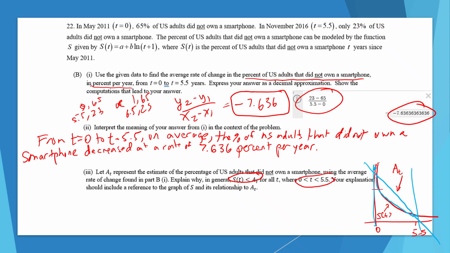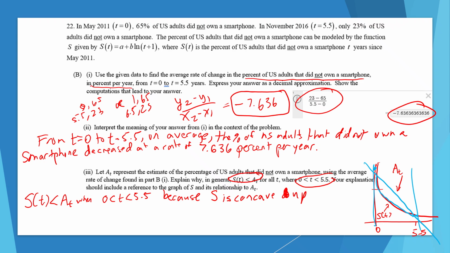And here is how we want to answer. So first, say what you're trying to explain. So here we can just copy this verbatim. S of t is less than A of t when t is between 0 and 5.5 because, and then we want to talk about the graph or the concavity of S. So because S is concave down, or whoops, sorry, this should be concave up because it's an upwards U shape.